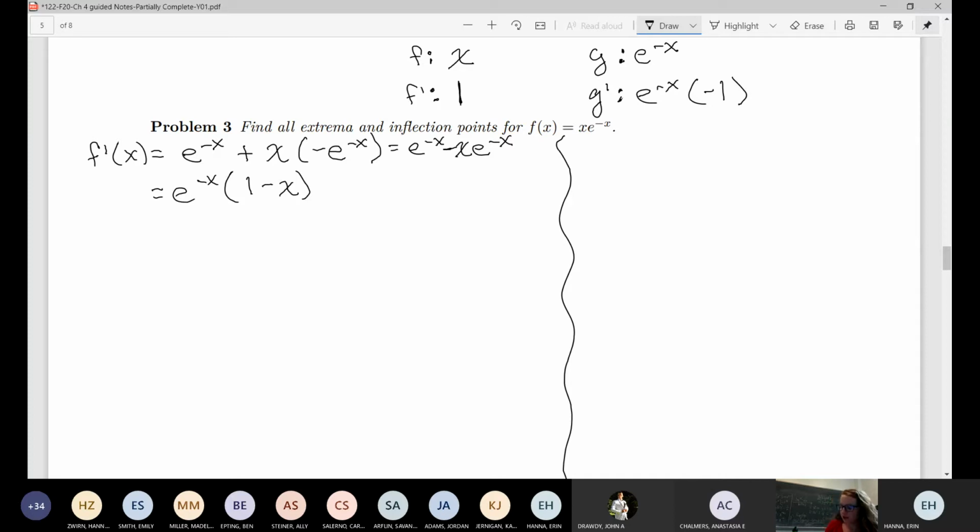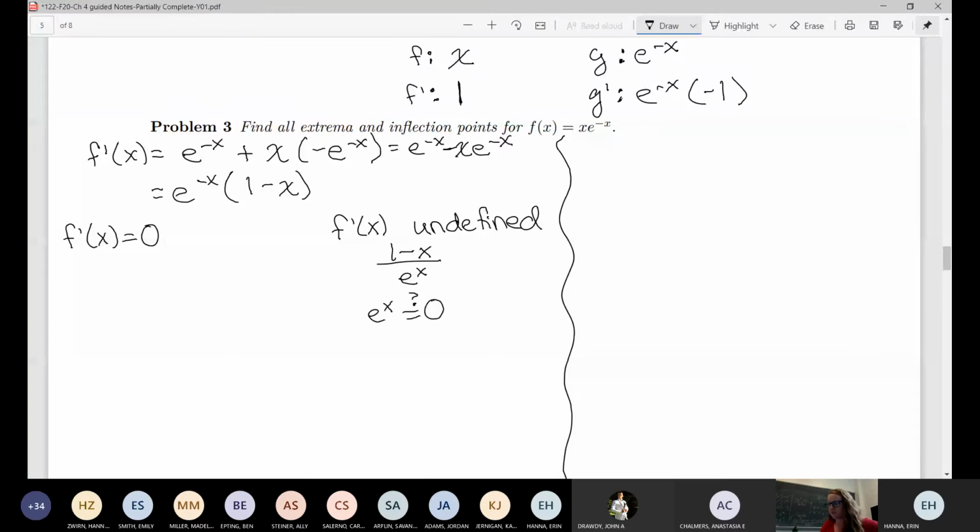Because now we need to set it equal to 0, and we need to talk about if it's undefined. Let me talk about undefined first. If you look at this, you might not think there's a denominator, but there's actually a sneaky denominator here. Remember that a negative exponent would be a positive exponent in a denominator. So my e to the negative x could become 1 over e to the x. So I would need to ask, does e to the x ever equal 0?